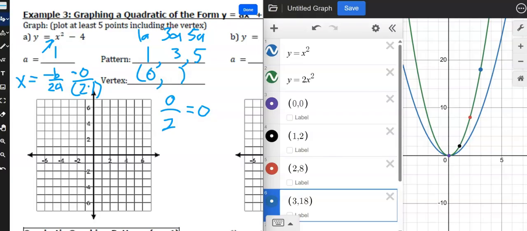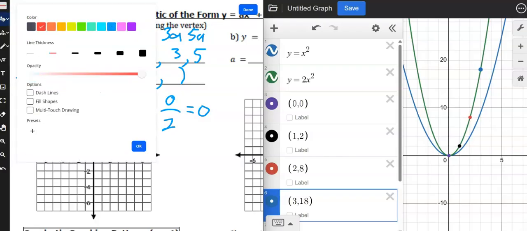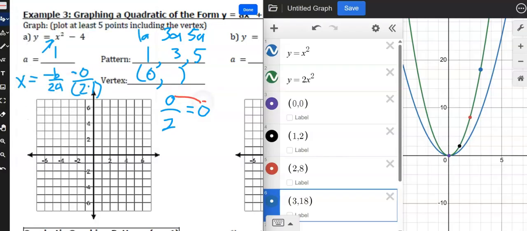How do we find the y value that goes with it? Literally, we're going to take this x value and come up here and plug it in, right? Because this is an x value. And when we plug it in, we have 0 squared minus 4. We now know that the vertex is at 0, -4. Well, that makes sense because you do not see a left and right shift, so the graph doesn't go left and right, but you do see a down 4 shift on the outside.